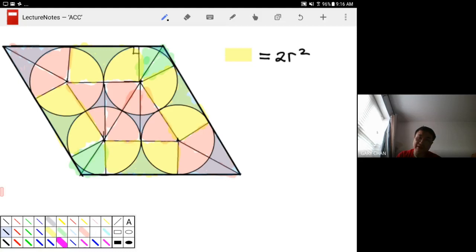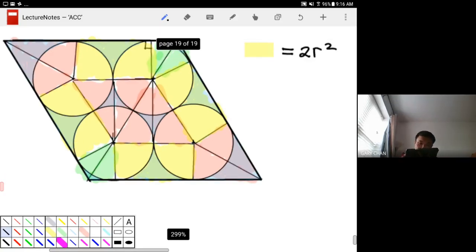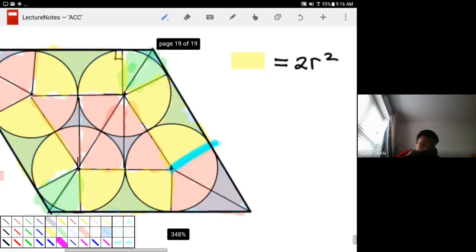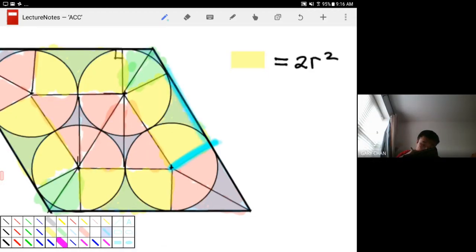And if you're having difficulty recognizing this or seeing this, what's the height? When I say height, I mean what is the length of this guy? You see what I'm highlighting right now in blue? Guys, that's r, right? What is this length going diagonally like that?